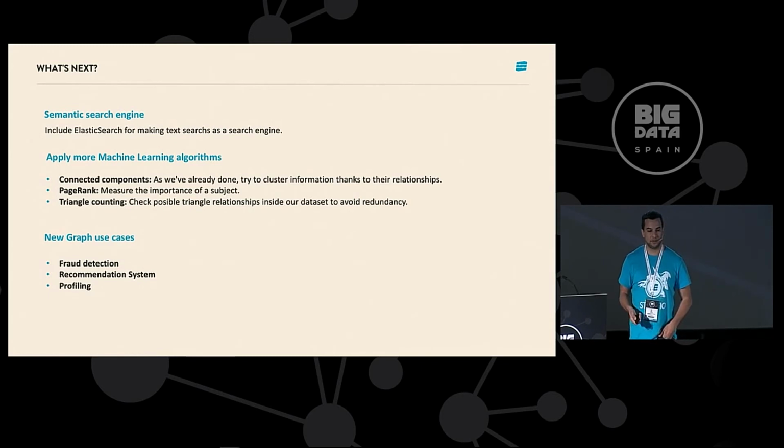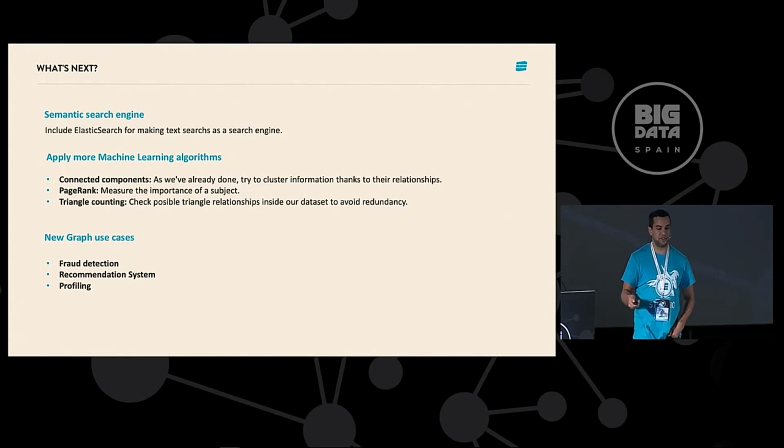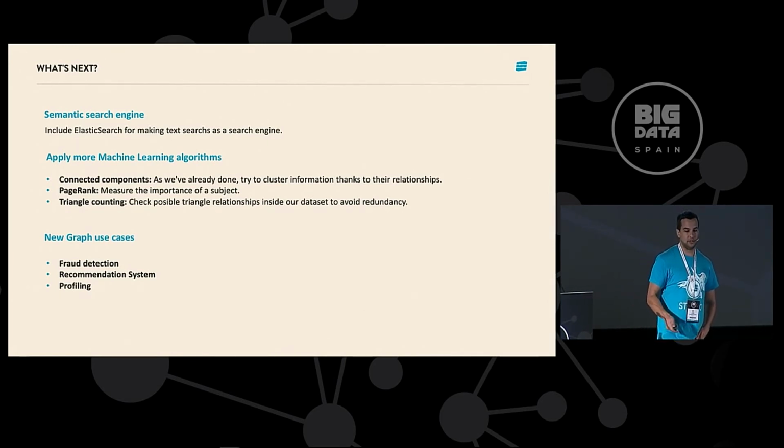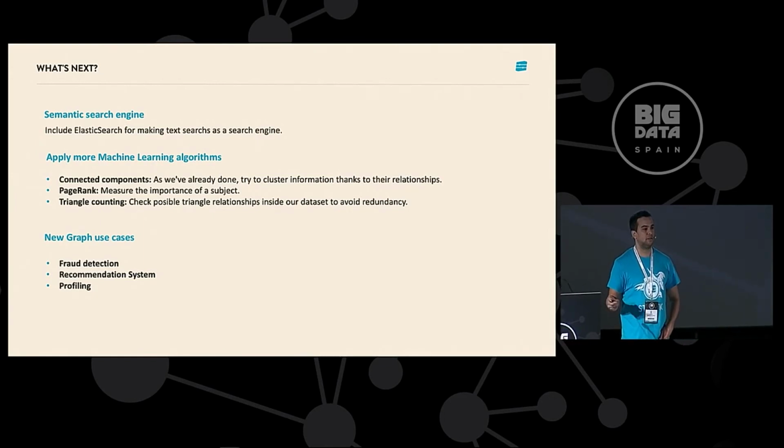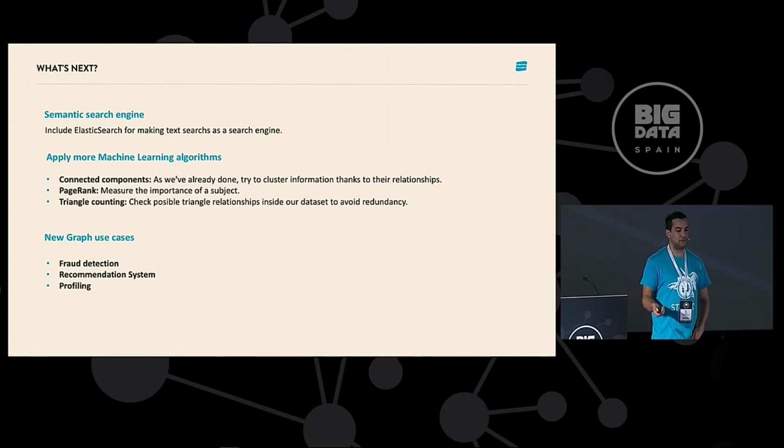We want to keep extracting more information, more accurate information from it, using connected components, as we did with this bank use case, to cluster information, PageRank to measure the importance of a subject, of a person, a concept, and triangle counting to count these triangular relationships. And finally, now we are able to apply it to new graph use cases like fraud detection, recommendation systems, and profiling.